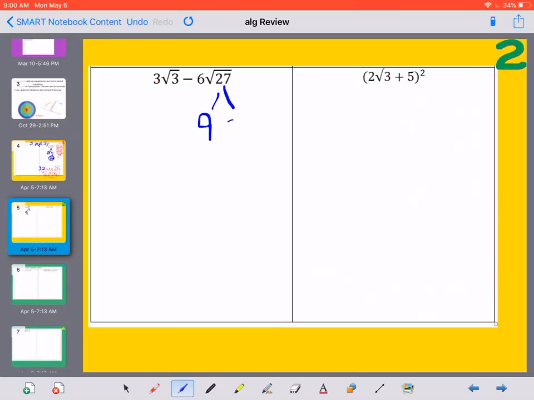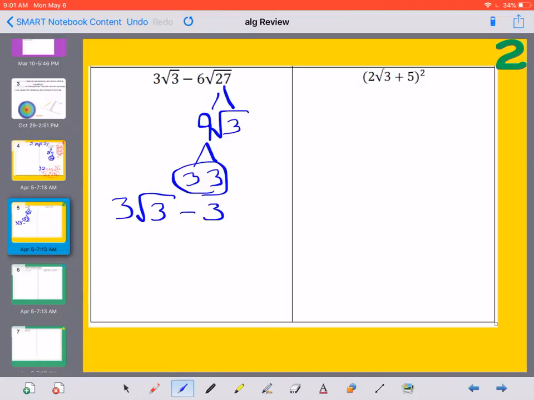I can factor that to 9 and 3. 9 I can factor to 3 and 3. I see a pair of 3's. So what I'm going to have then is 3 times the square root of 3 minus, I have that pair of 3's, so I'll put that 3 there, times the square root of 3.